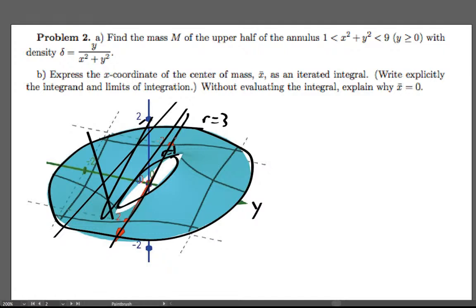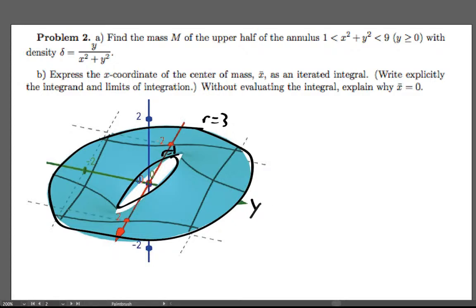For this disk, I would represent it as if the thickness is changing, but obviously it's not. You could just write it something like this. I will just leave this in here.